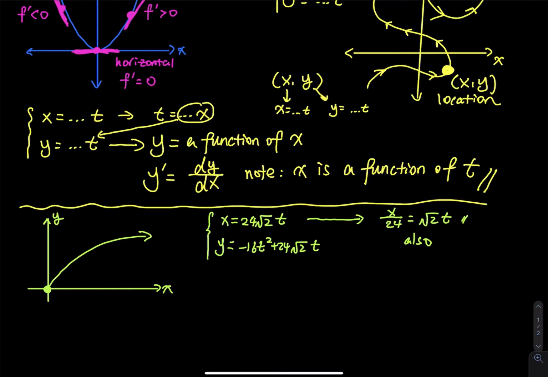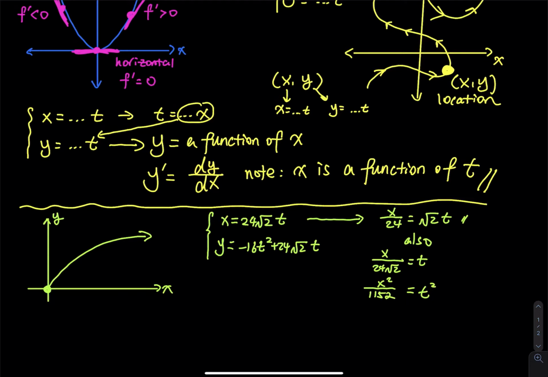Other than that, I need to prepare one more ingredient, which is to also divide both sides by square root of 2. So x over 24 times square root of 2 equals t. And then you square both sides for me. So we have x squared over 24 times 24 times 2, which is equal to 1152.